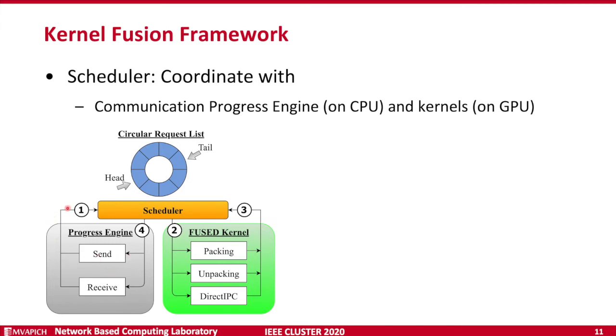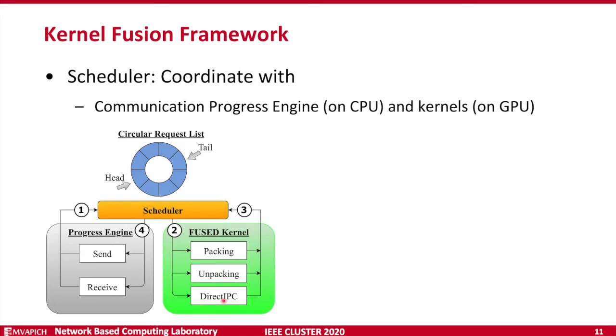So we put such a request, talk to the scheduler, and put the request in this request list or queue. Then when we have enough requests queued here, the scheduler will launch one single kernel, and in this fused kernel, it will be calling different functions like packing or unpacking for different buffers, right?